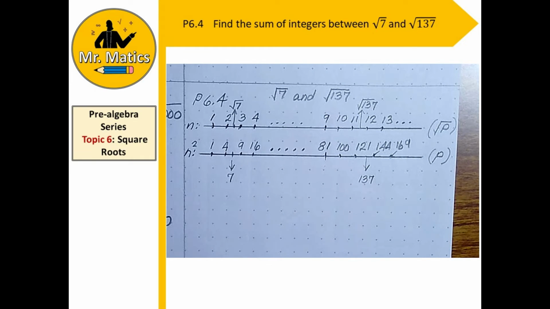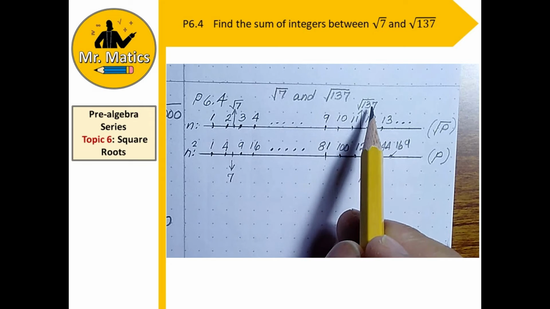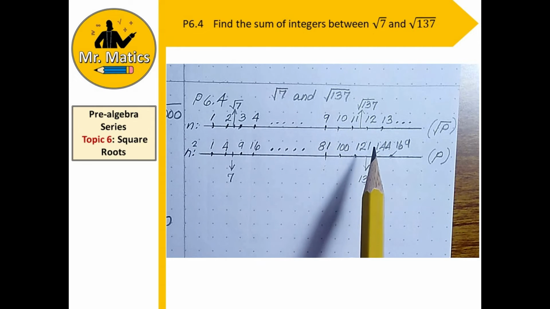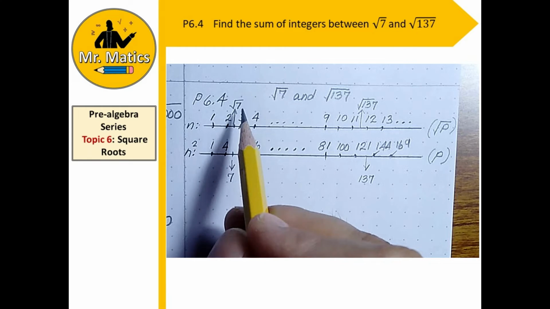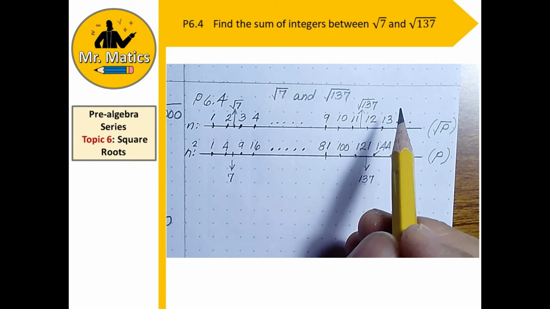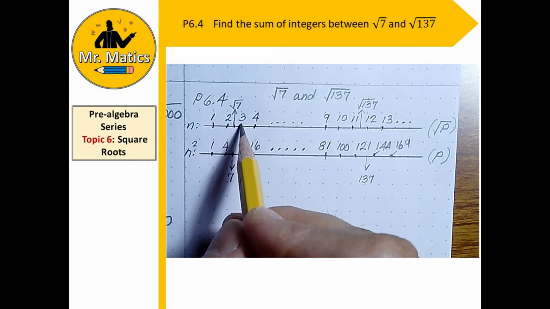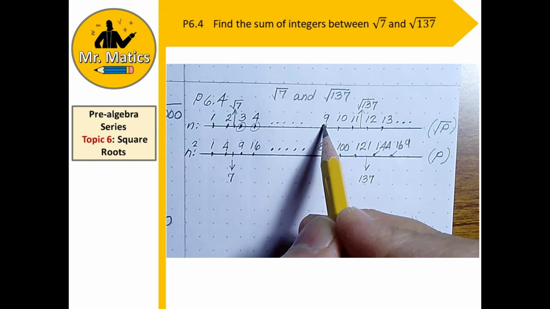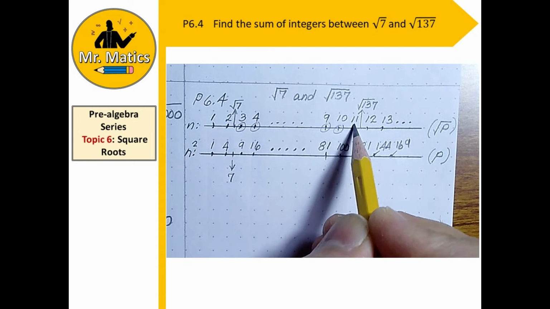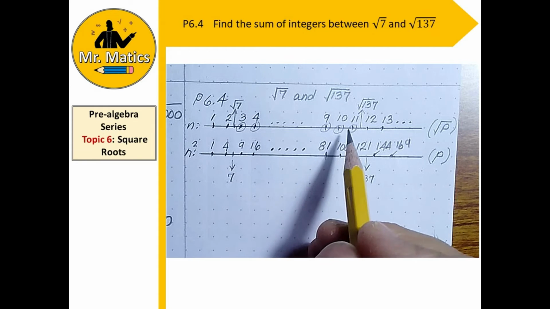So once we have found their location on this number line, we can easily see that the numbers that we have to sum up, which are lying between root 7 and root 137, are 3, 4, etc., 9, 10, and 11. So 3 through 11.